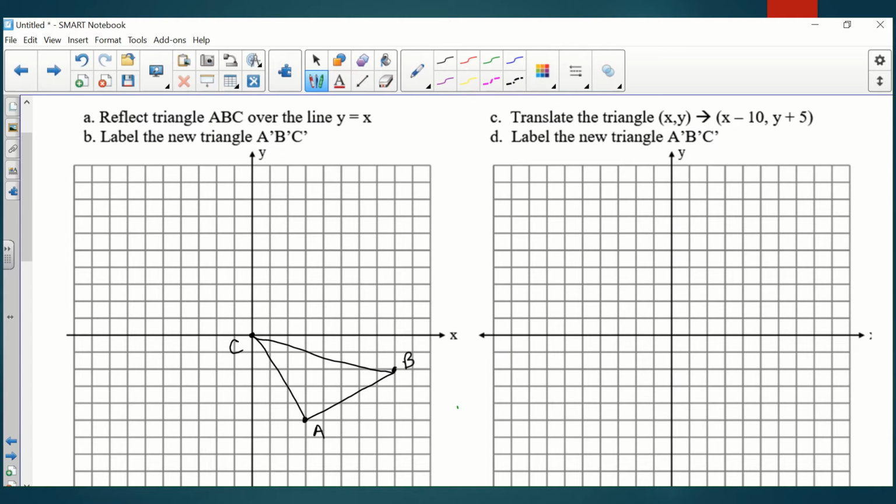Our slope is 1 over 1. Our y-intercept is 0. So graphing this line starting at 0, 0, we go up 1, right 1, up 1, right 1, up 1, right 1. And we would go down 1, left 1, down 1, left 1 if we wanted to go in the opposite direction.